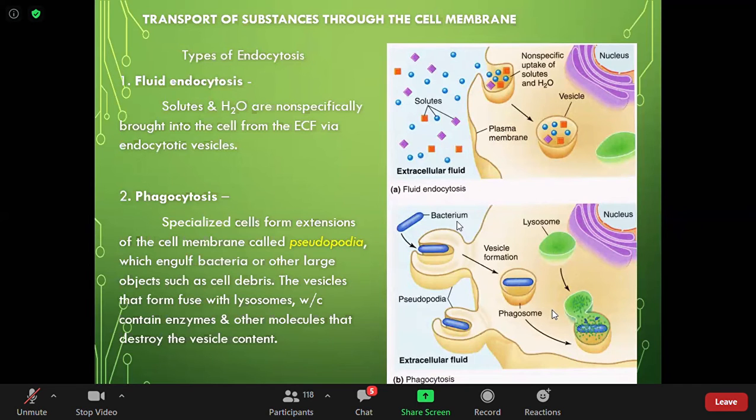Then the bacteria will be acted upon by the lysosomal enzymes and so will die, okay? Especially if your immune system is good, then the bacteria can really die because you have lots of lysosomal enzymes.